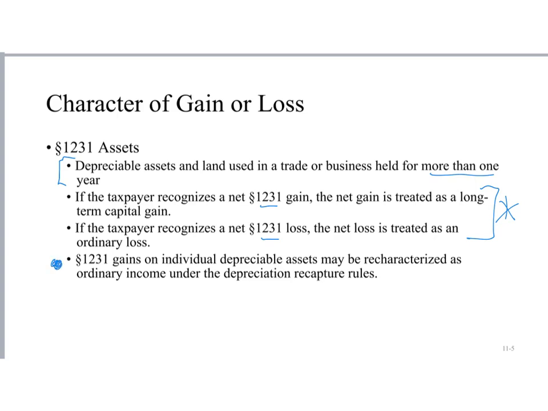There is a caveat, and that's this one right here. So the caveat is potentially your 1231 gains this year could be recaptured or recharacterized as ordinary income depending on the depreciation recapture rules, and we have this thing called the 1231 look back rule.